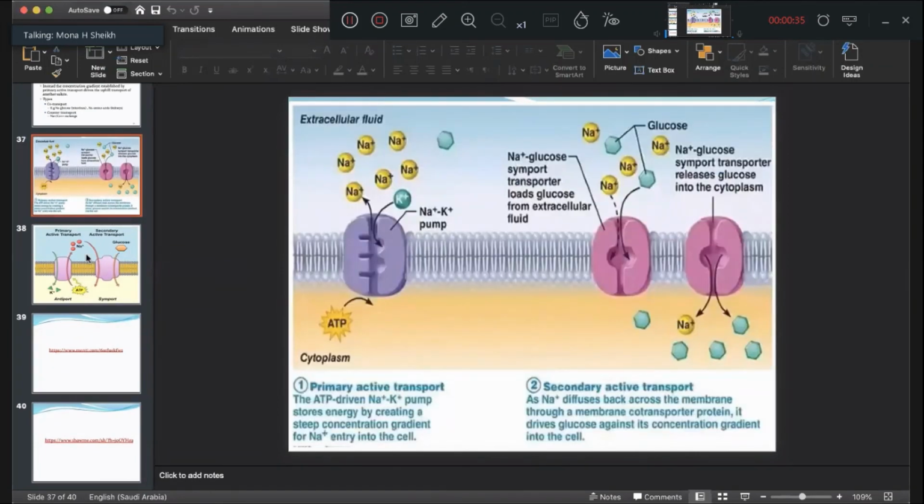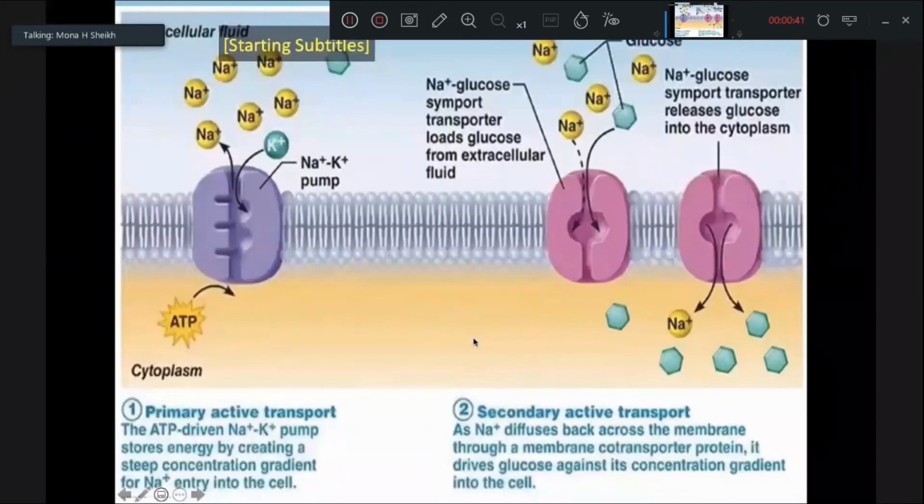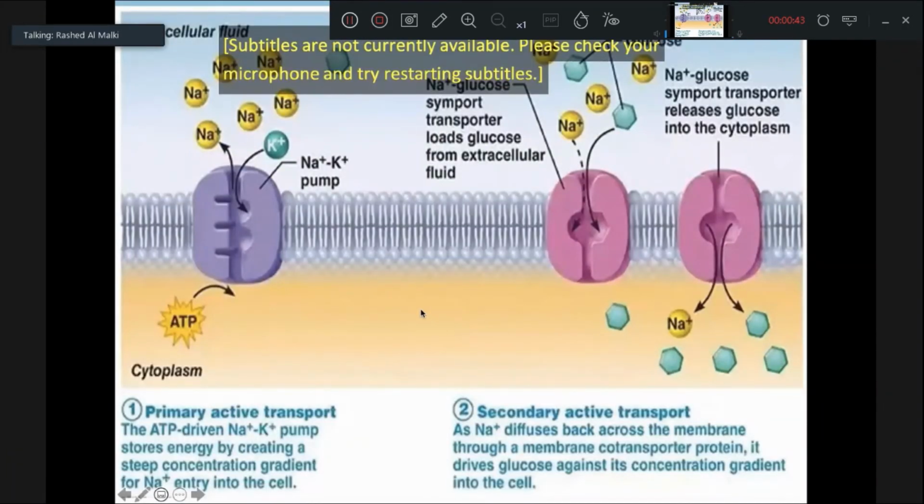Okay, so this one. Can you see the slides? Yes, we can. Right. Yes, doctor. So what is this one? The one on the left. Type of transport.